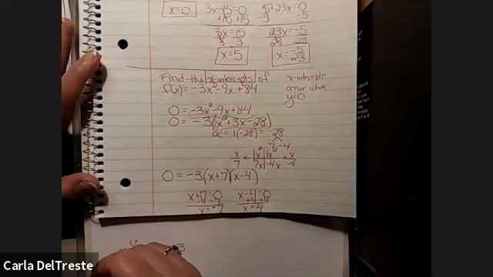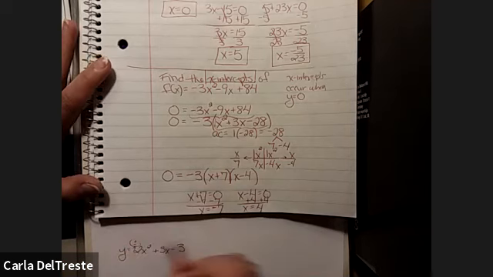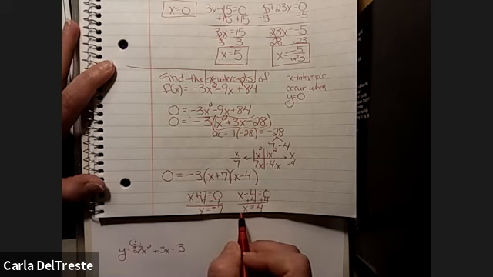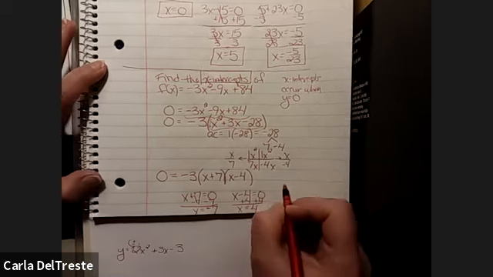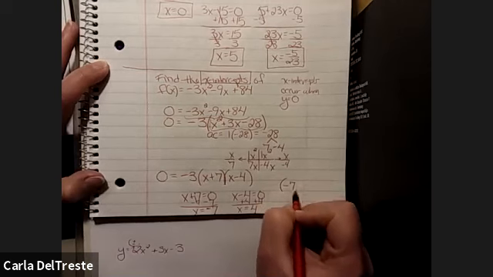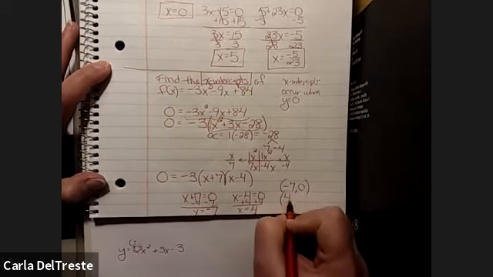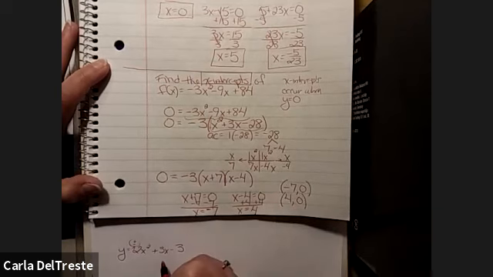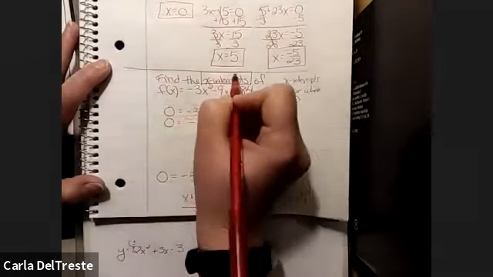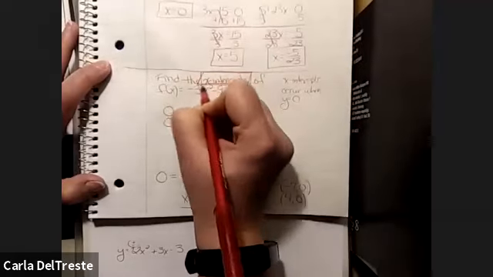They weren't just asking for solutions. They were asking for points on the graph. So this is not even our final answer. Our final answer is going to be the ordered pair negative 7, 0, and the ordered pair 4, 0, because they were asking for x-intercepts.